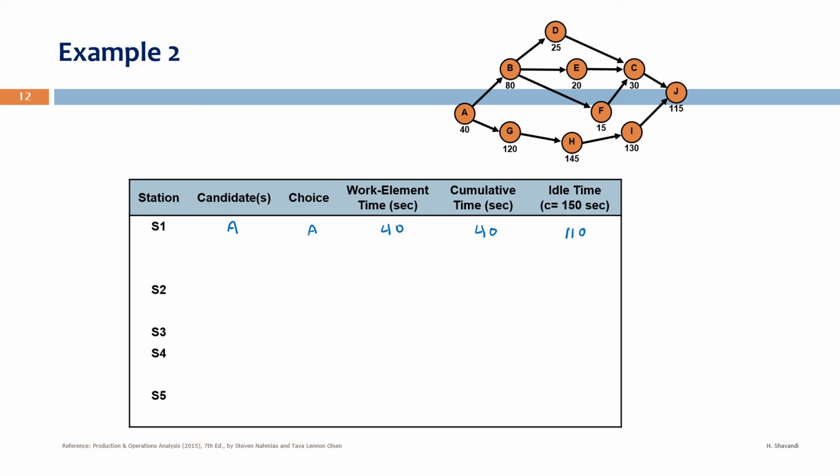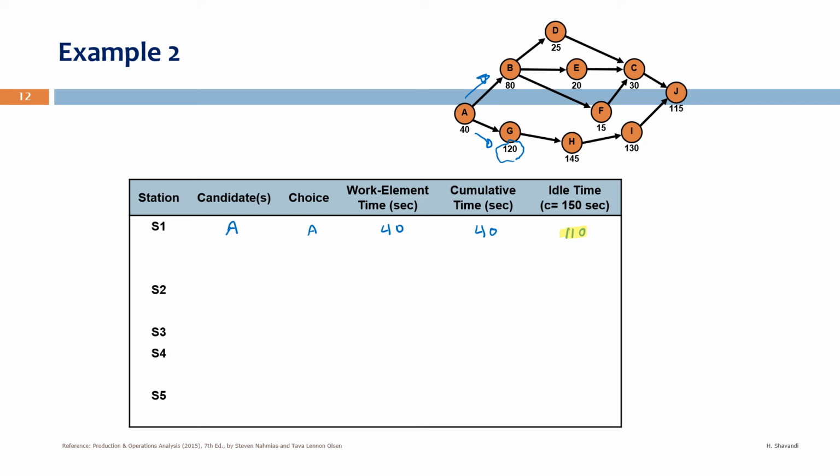So now we assume that we have done the work element A. Now let's see what other elements can be added to this workstation. After completing A, we can go for B and G, right? But G has 120 seconds as its processing time, and we have just 110 seconds left in this workstation, so G cannot be added.